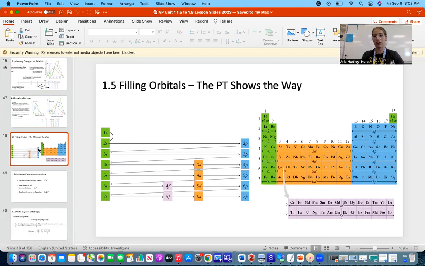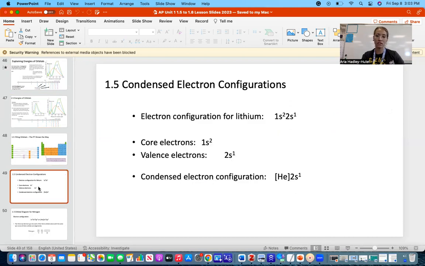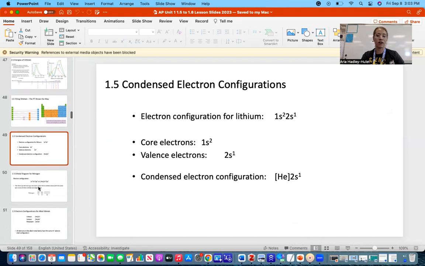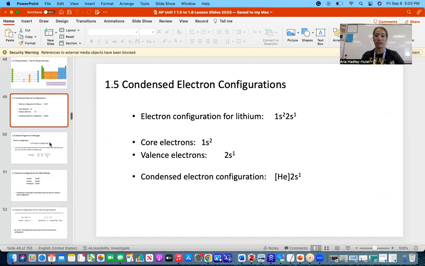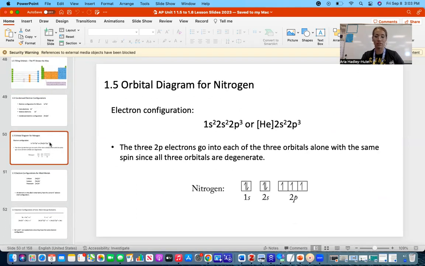In class, we went over how we do the electron configuration using the periodic table. So we already did that together. And we discussed how to do these unabbreviated and abbreviated electron configurations. Right.